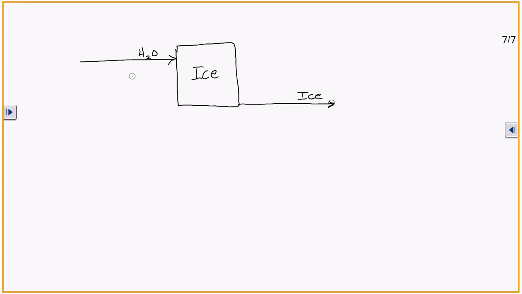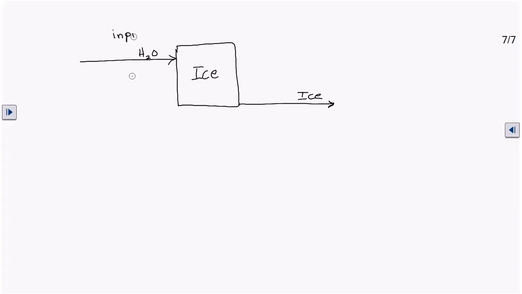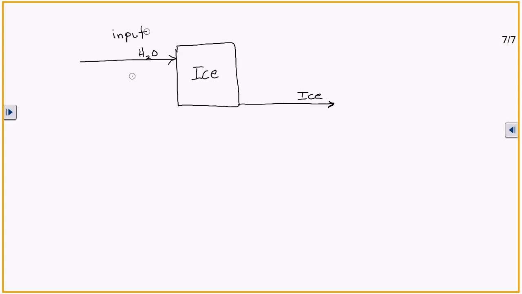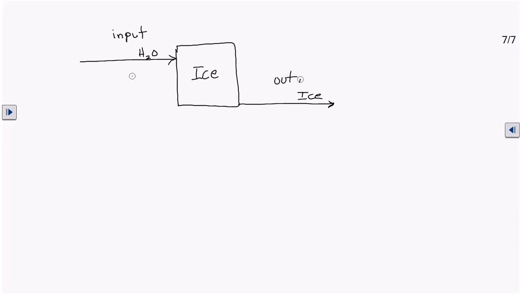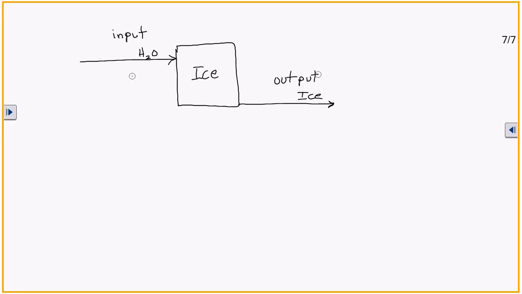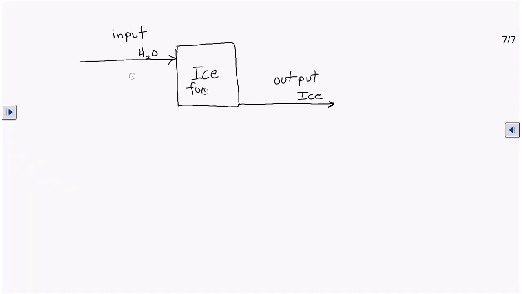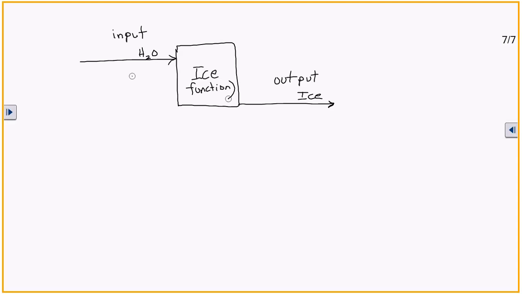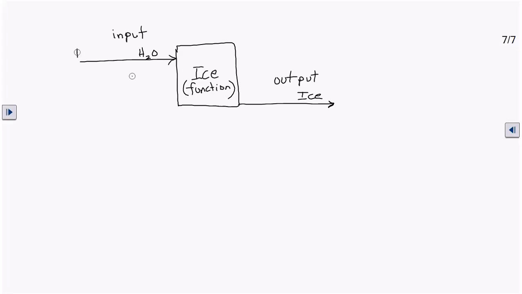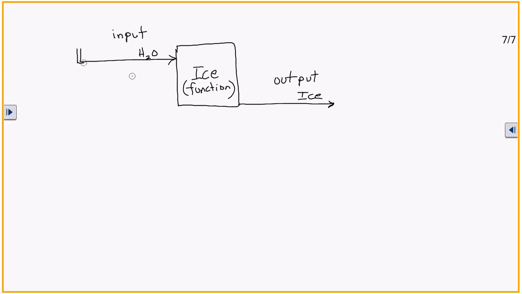So let's talk about this. Water is the input, and ice is the output. So the function is the ice machine. Okay? Now, let's disconnect the water line, and let's put a big funnel into the water line.